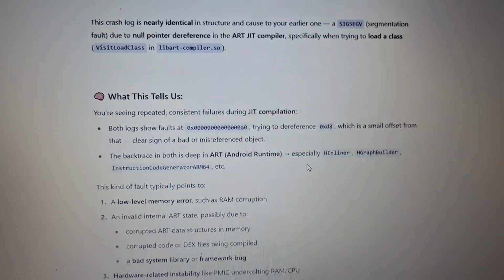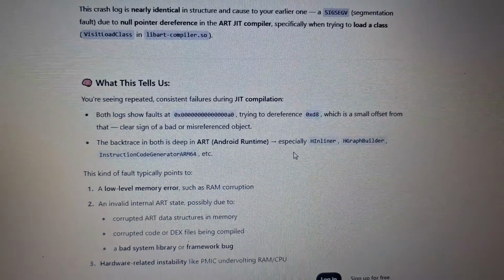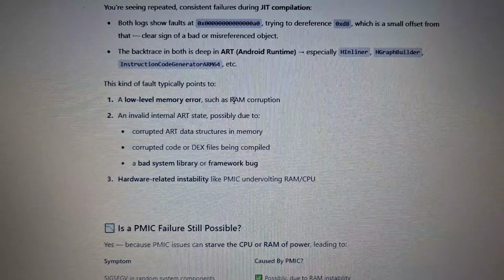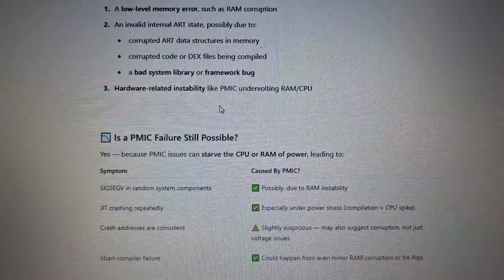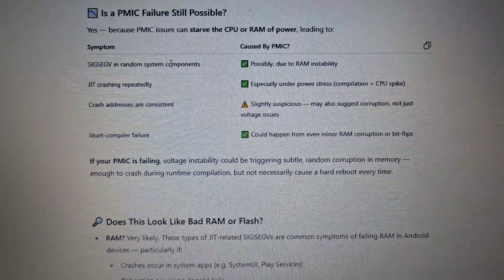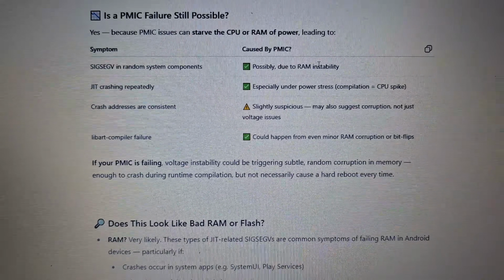Here's what ChatGPT said, by the way, after I told it my phone had RAM and PMIC failure. So this is what it says. RAM corruption, that's true. The RAM has corrupted the system before when it was on Lineage. Possibly due to RAM instability.